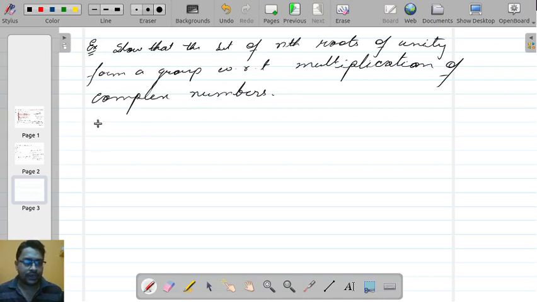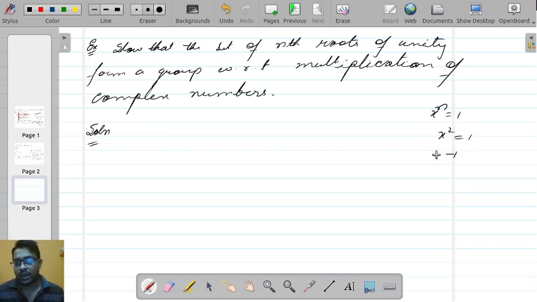So what are the nth roots of unity? The nth roots of unity are the solutions of the equation x to the power n equal to 1. For n equal to 2, x square equal to 1, what are the square roots of unity?